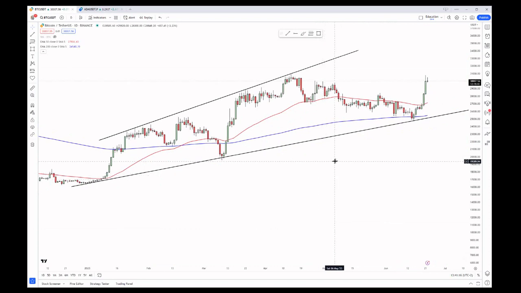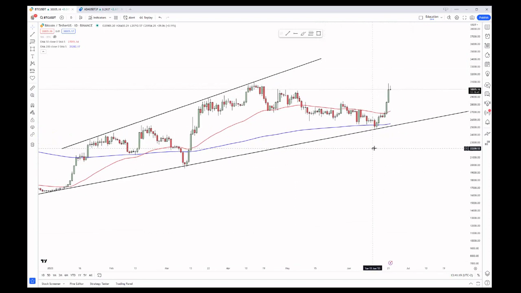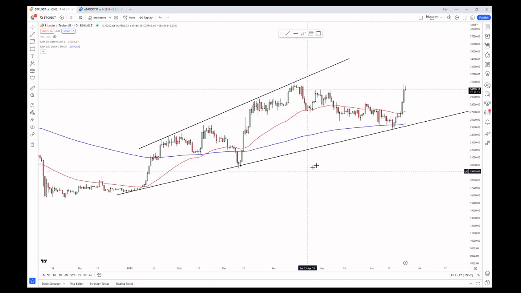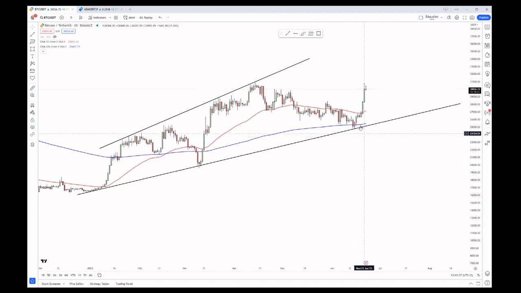There's a question: can you enter the trade after the confirmation of the third line tap? Yes, you can, but with confirmation of other indicators. Never enter a trade based solely on a trend line. That's why I do breakout or breakdown trading.